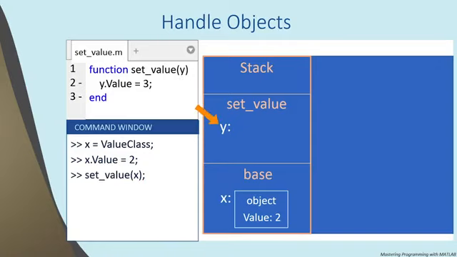So what does the operation look like when the thing being copied is an instance of a value class? Well, it looks like this. As we learned with our jack and king card trick, MATLAB makes a copy of the object and places it inside y. Next, after the actual argument is copied into the formal argument, the body of the function is executed, and the formal argument's value property is changed to 3.